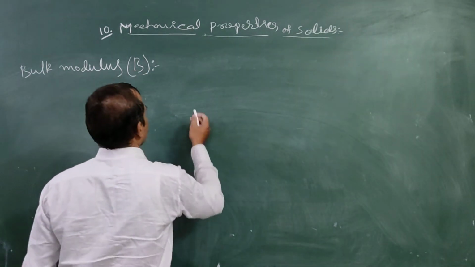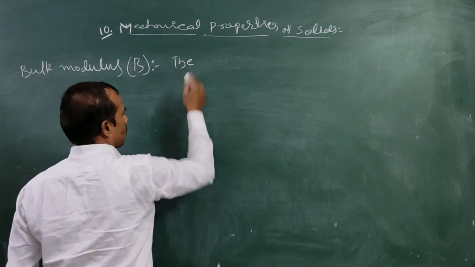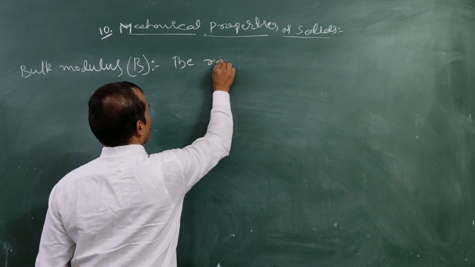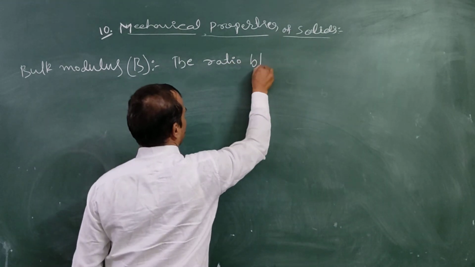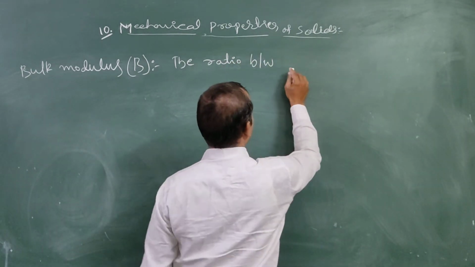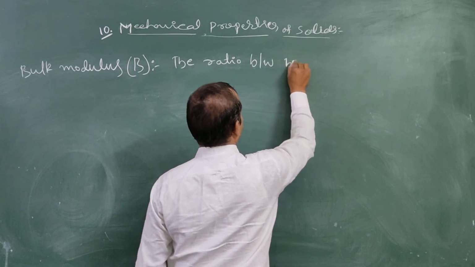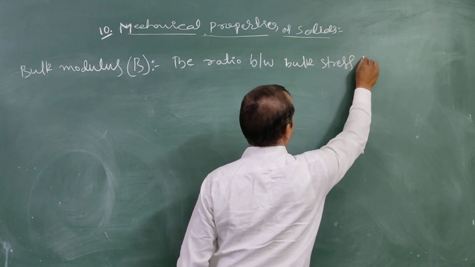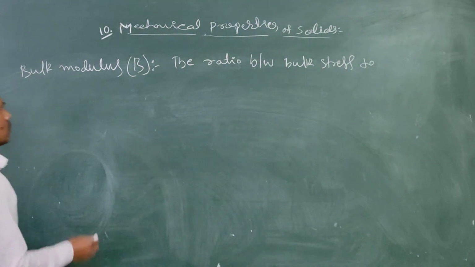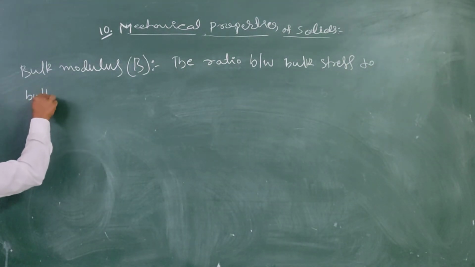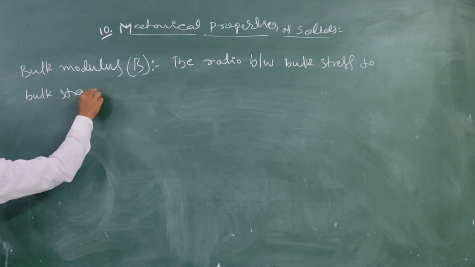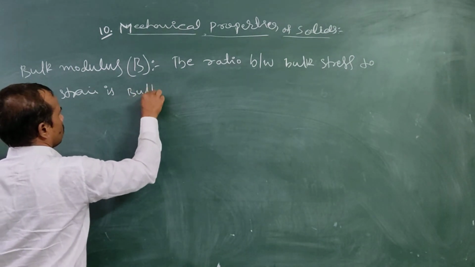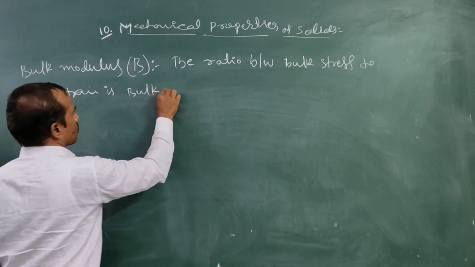So the statement: within the elastic limit, the ratio between bulk stress to bulk strain is called bulk modulus.